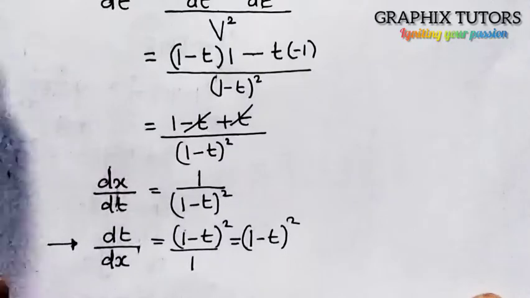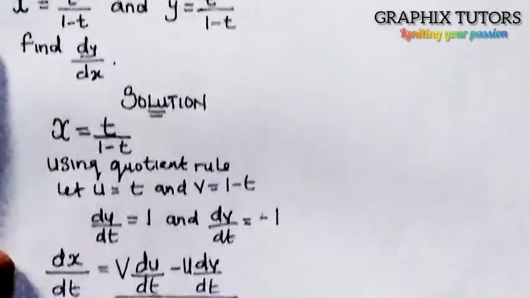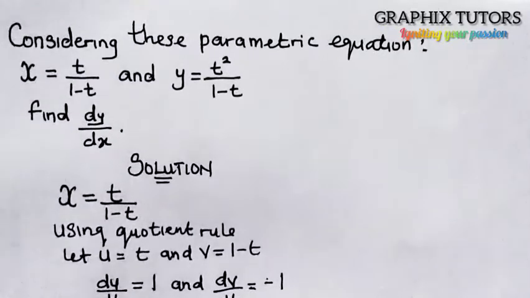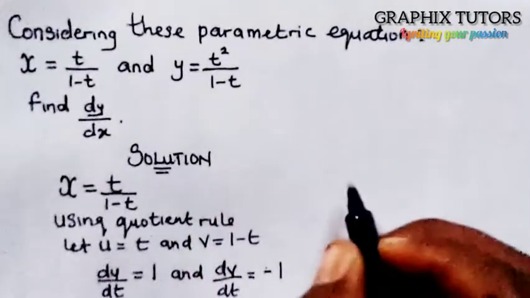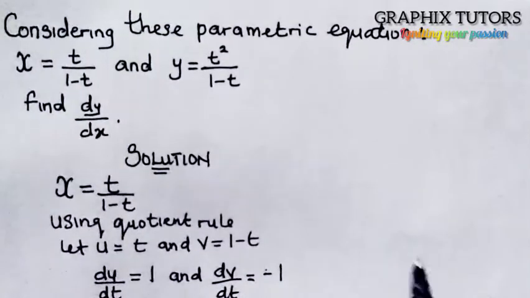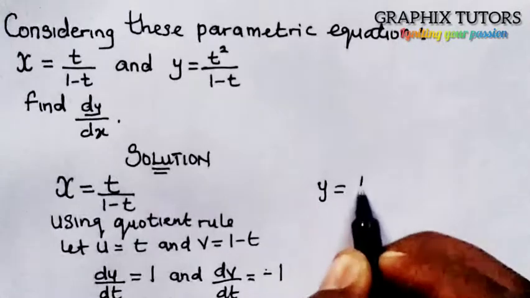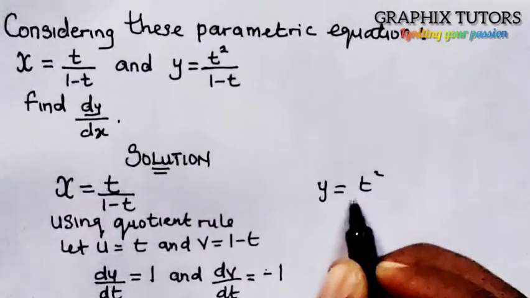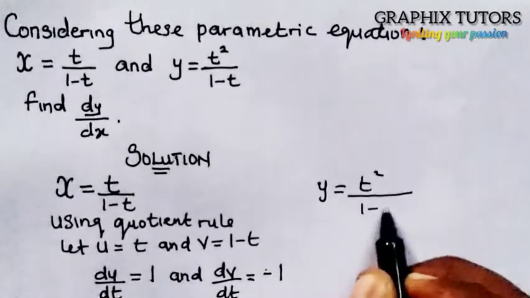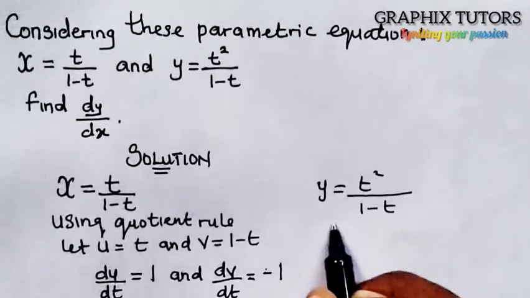Similarly, you are going to do for the other guy too. And where is the other guy? That is in the name of y. We'll now put it that y is equals to t squared over 1 minus t. So the same thing, you write using quotient rule.